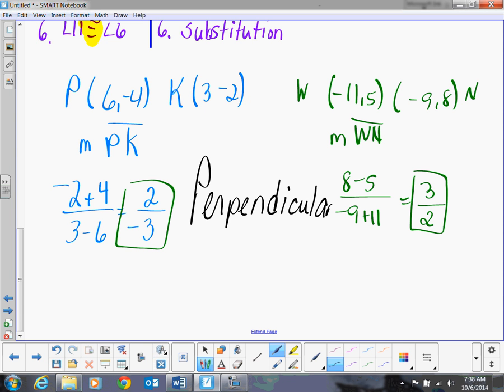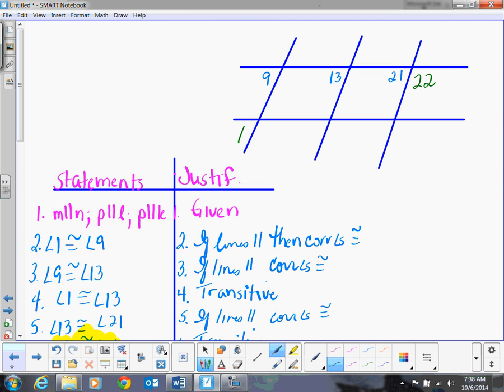Other questions? Five. Okay. So when we look at 5, I want you to look now. Just FYI, on this section of the test, it will require absolutely none of this thinking process.